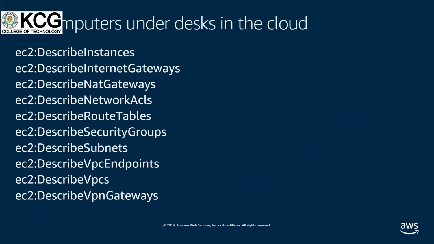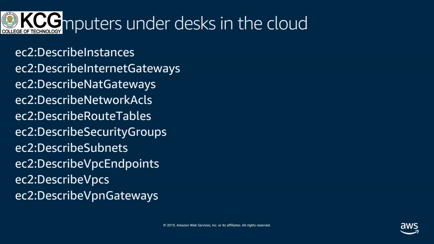Every single object that exists on top of this cloud platform can be expressed as an API call. So any customer operating on AWS can execute a very simple API call and figure out what is running in their particular environment, right?